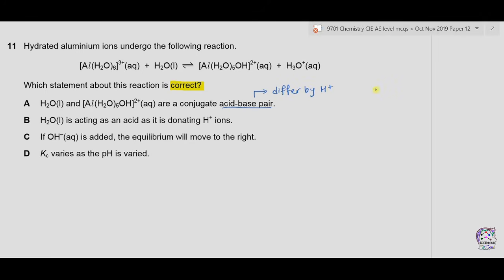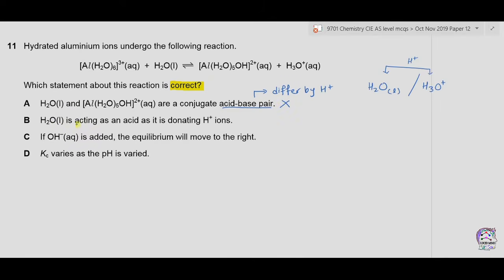For example, H2O liquid and H3O positive are an acid-base pair, as the difference is only of one H positive ion. In H2O liquid and this compound, there is a difference of more than one H plus ion, so therefore this is not a conjugate acid-base pair.